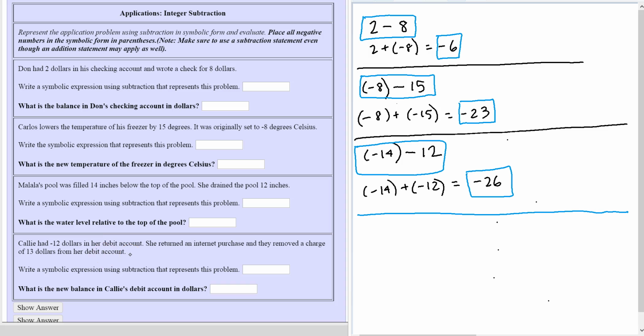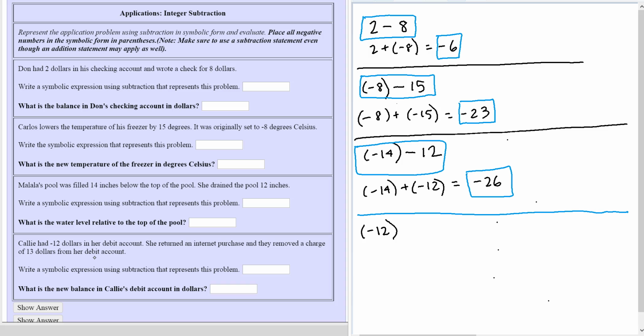So that first number is usually some sort of starting number. Okay. Now they've removed a charge of $13. So if they're going to take away a charge of $13 from your account, you know you're going to have 13 positive dollars added to your account.